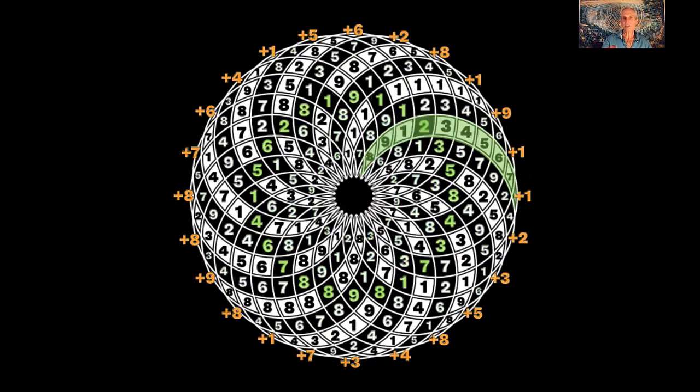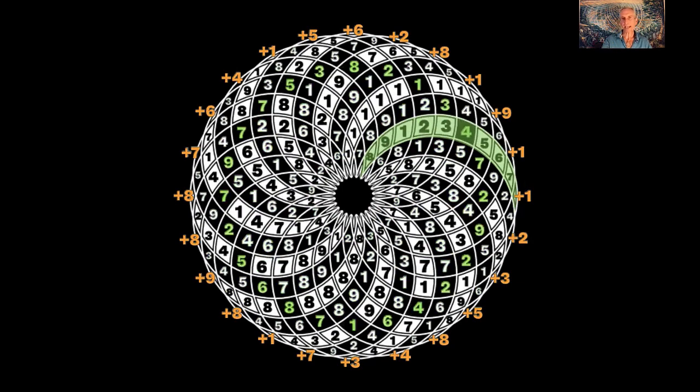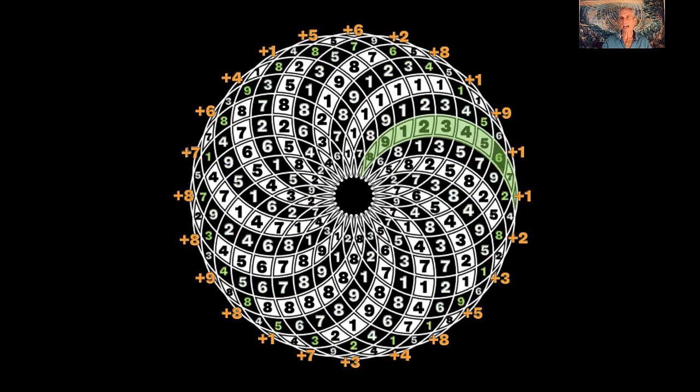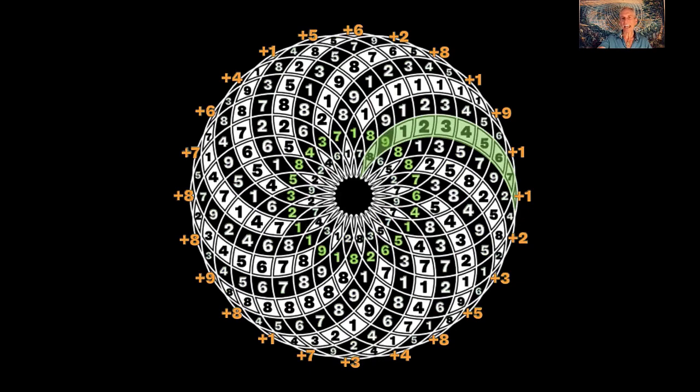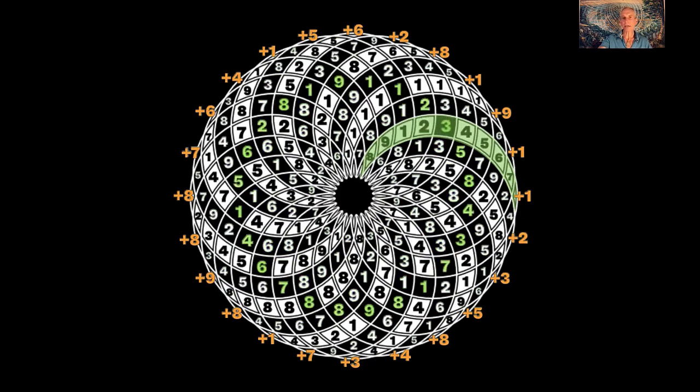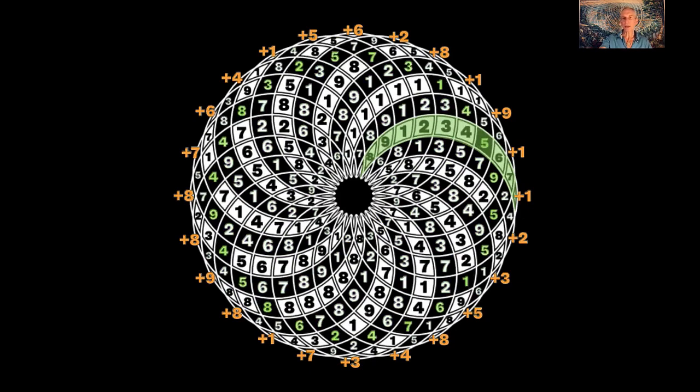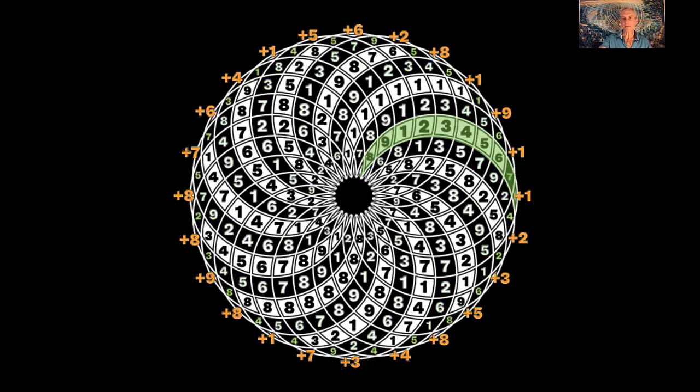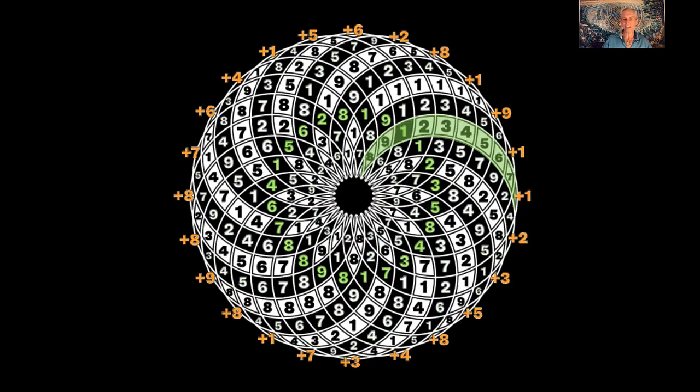Then it increments by 1 to 9, then back to 1, 2, 3, 4, 5, 6, 7. So I've added a +1 at the end of that radial arm emanating from the center to indicate the increment for that arm. And I've done so for all the other ones as well.